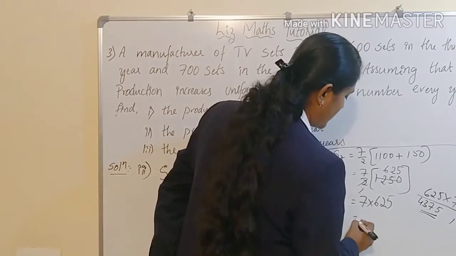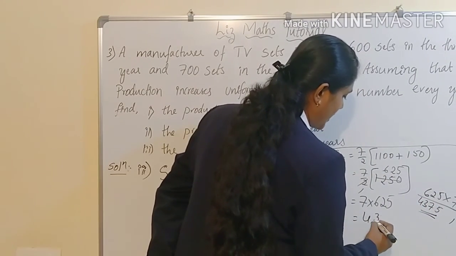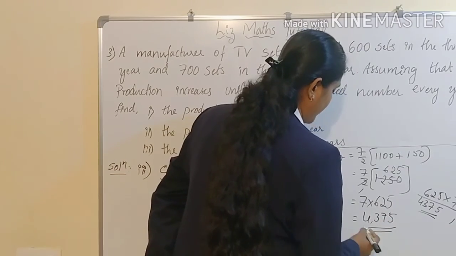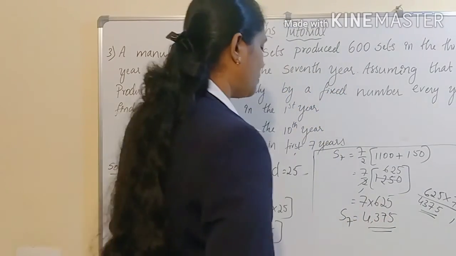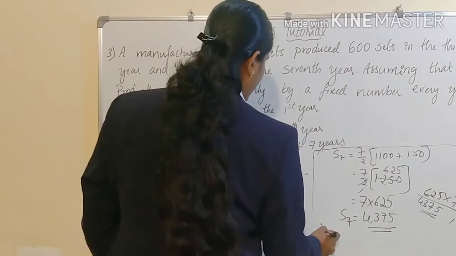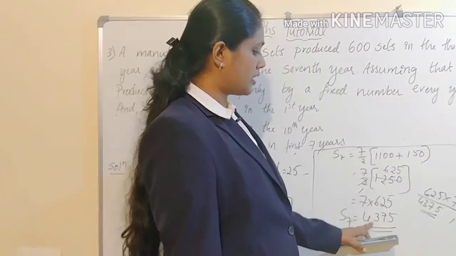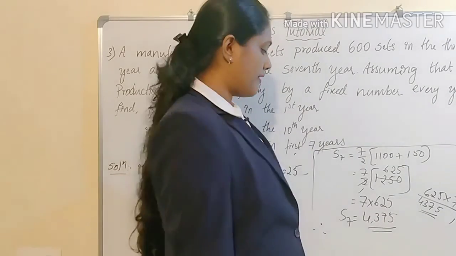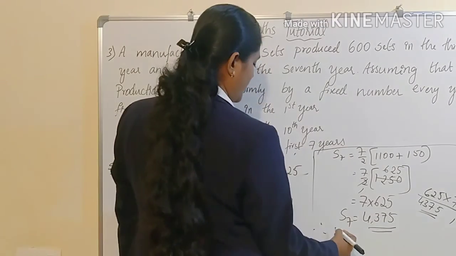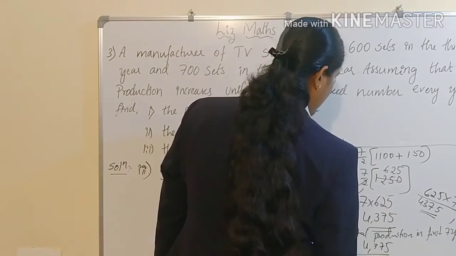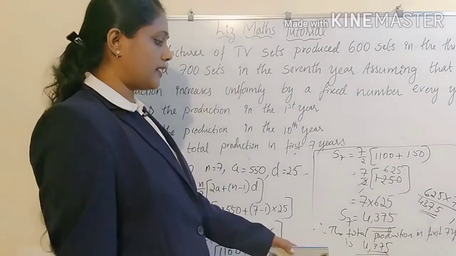So you will get the total sum as 4375, S7. So you can write the conclusion here. Therefore, the total production in first 7 years is 4375. So write down the conclusion.